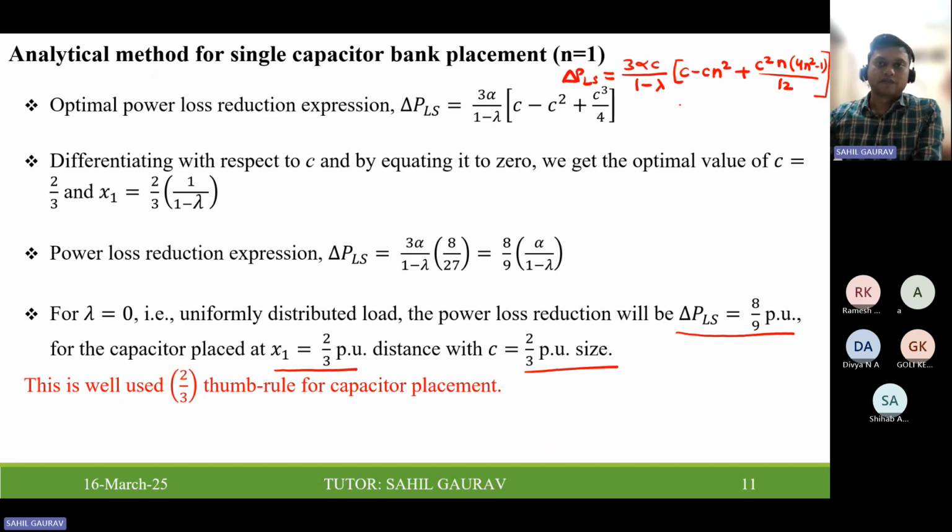If you substitute n equal to 1 for single capacitor bank placement, you will get the optimal power loss reduction expression: 3 alpha 1 minus lambda into C minus C square plus C cube upon 4.